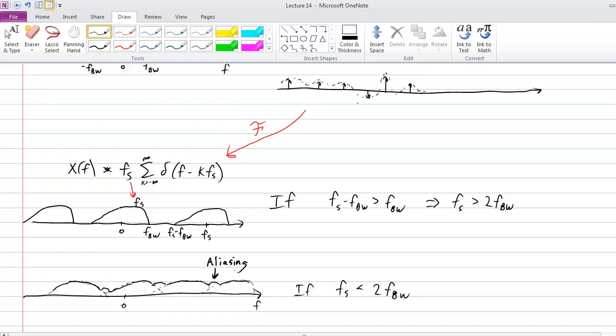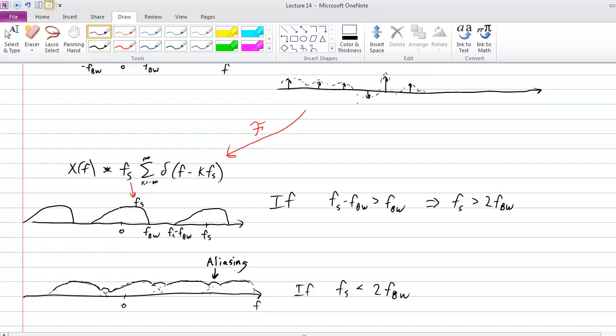Now that you've sampled at too low of a rate, you've confused whether they're high frequency signals or low frequency signals being interpreted in the next copy of your spectrum. So you have some ambiguity at the high frequency edge on whether it was a high or low frequency due to aliasing.